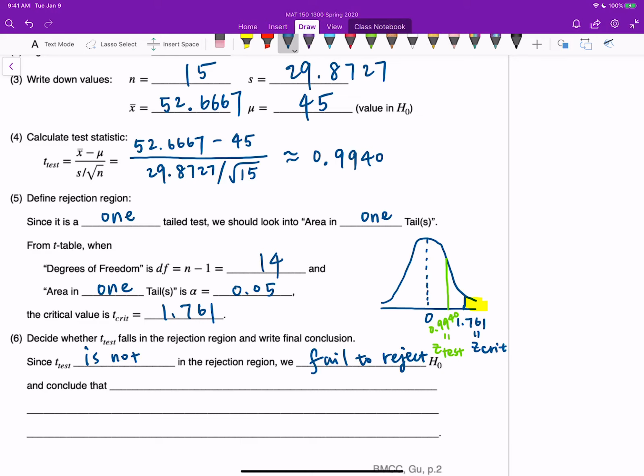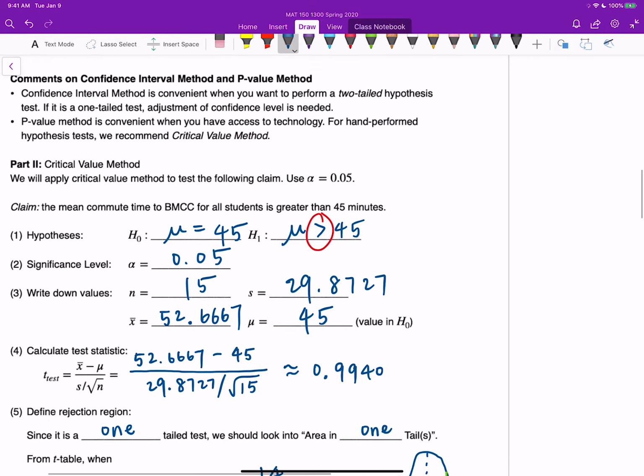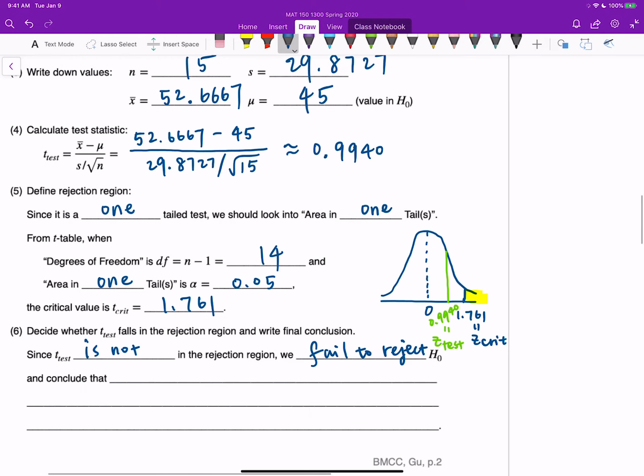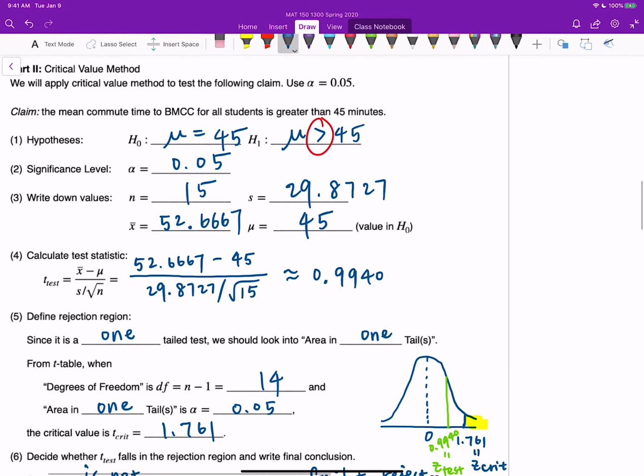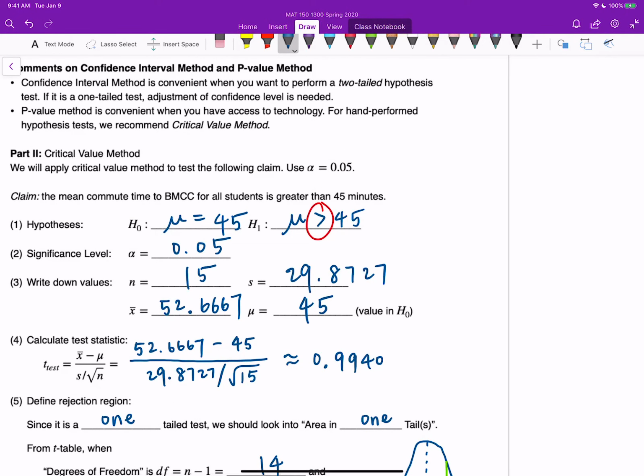Here's something interesting when you conclude. Since we fail to reject the null hypothesis, it means we cannot show that mu is actually greater than 45.